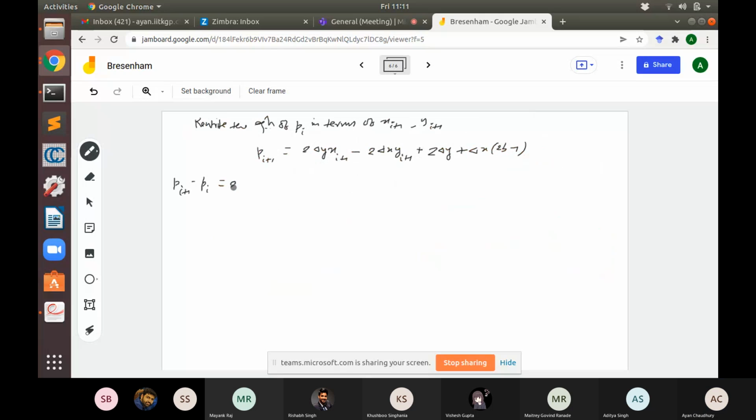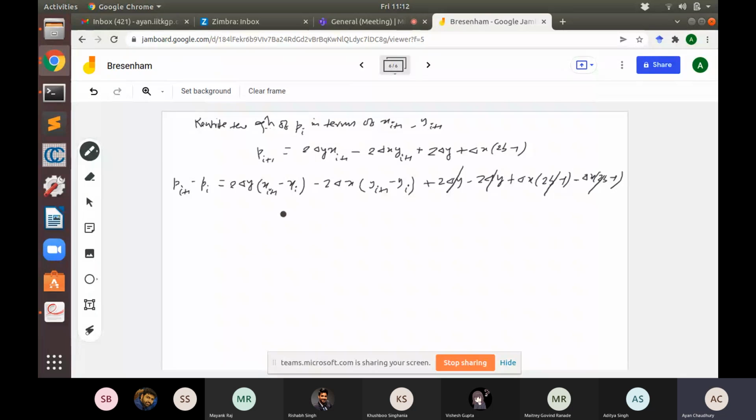That means 2 delta y times xi plus 1 minus xi, minus 2 delta x times yi plus 1 minus yi, plus 2 delta y minus 2 delta y, and delta x times 2d minus 1 minus delta x times 2d minus 1. So basically these terms get cancelled.